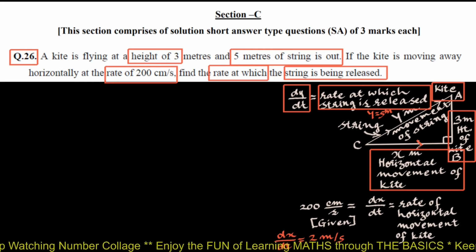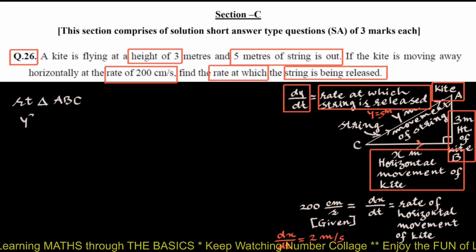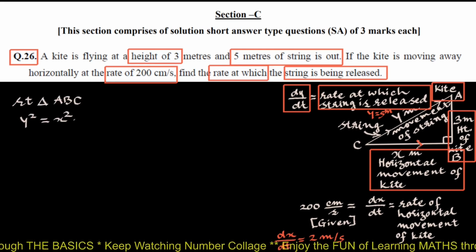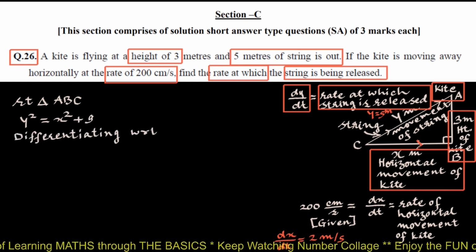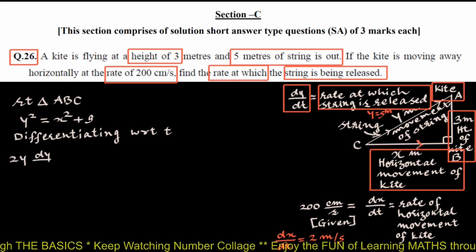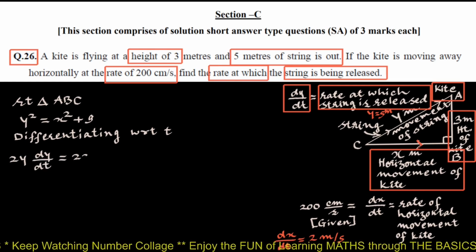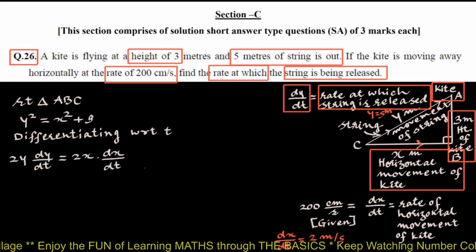Now in right triangle ABC, y squared is x squared plus 3 squared, 9. Differentiating with respect to time t, 2y dy by dt equals 2x dx by dt plus 0.